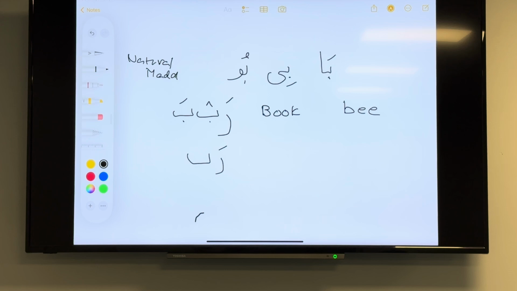Rabba, you see? To help kids understand, Ra and Ba become friends, and they say Ra, Rabb. And then Ba says, I don't want to be friends with you anymore, I'm going to take your symbol, I'm going to be my own symbol.